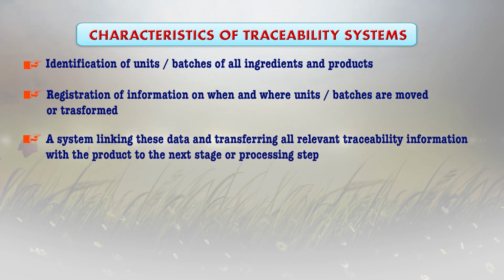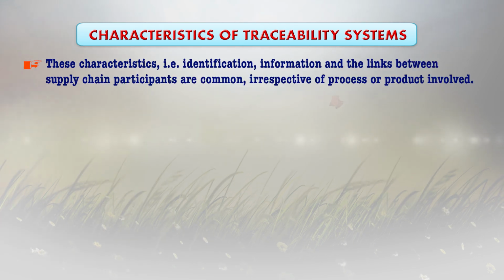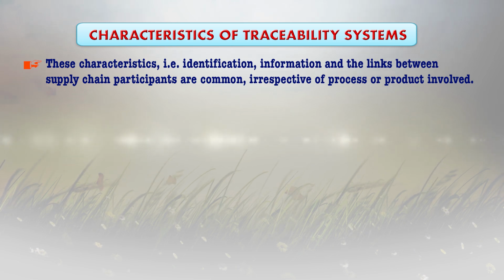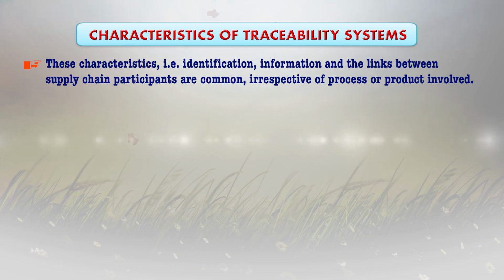And also it is the system linkage, linking these data and transferring all relevant traceability information with the product to the next stage or processing step. So, these characteristic features, that is the identification, information and the links between the supply chain participants, are common irrespective of the process our products are involved in.